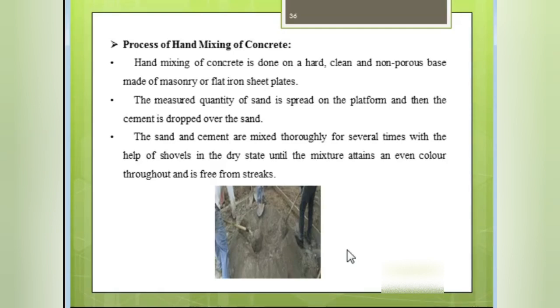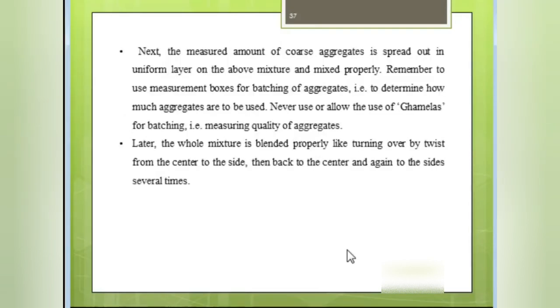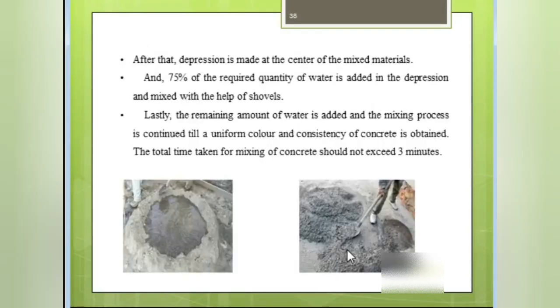After dry mixing, we add water in part, mix again, and then add the remaining water. So this is the simple process of hand mixing, or manual mixing, of ingredients. You can see it in this figure. And lastly, you will get this type of concrete.